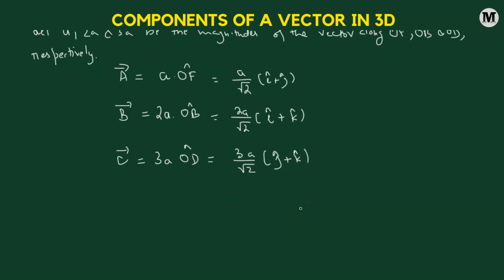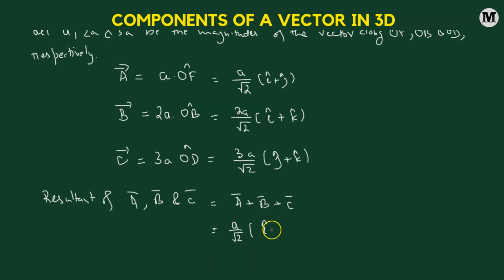Now finally, we'll take the resultant of these three vectors, A vector, B vector and C vector. That's simply taking the sum. So we have A vector plus B vector plus C vector, which means we take A over square root of 2 as the common factor.